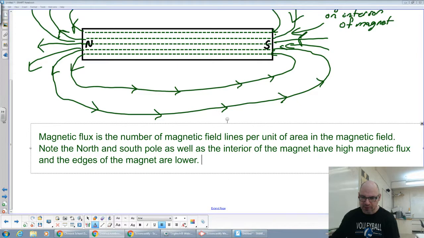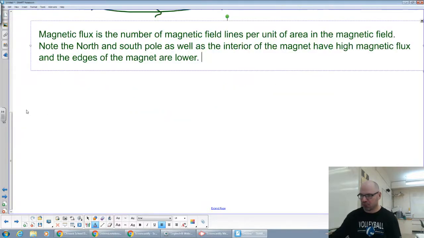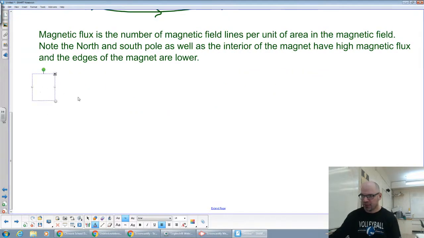Before I do that, I know what we can finish up with, just a reminder of the magnetic properties.